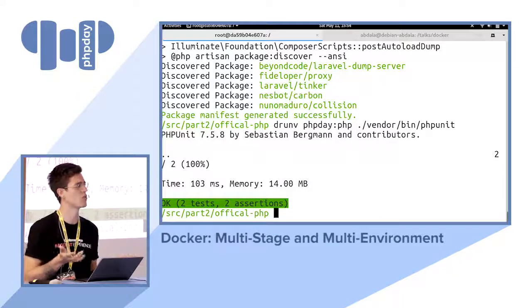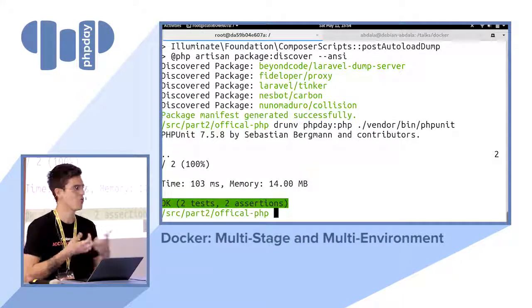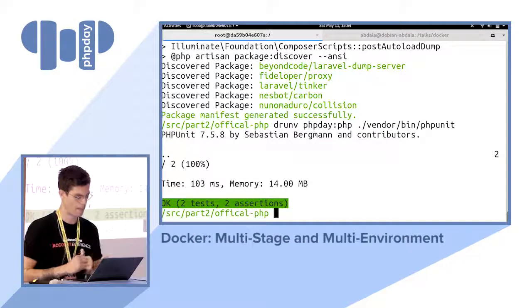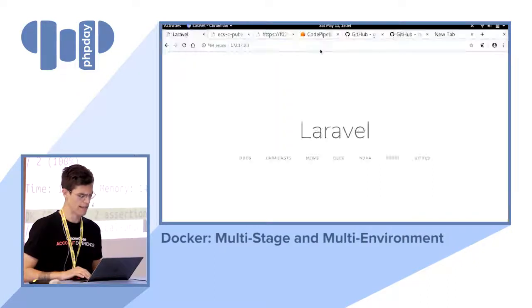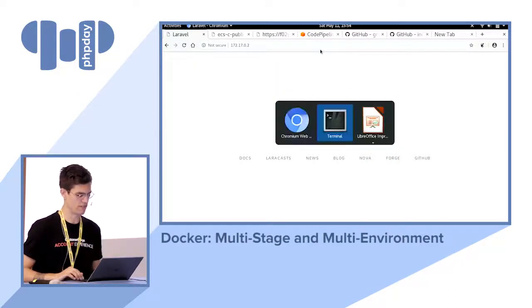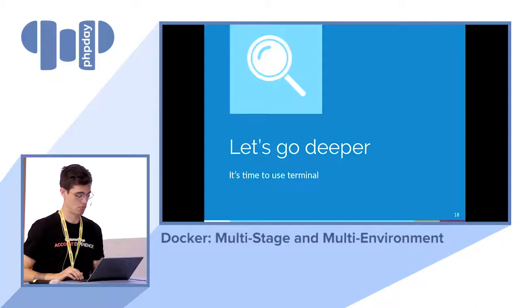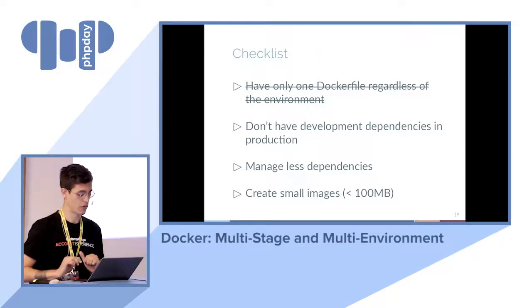Who uses Composer on production? I don't know anybody that uses Composer on production. There's no reason to run it. We only use Composer to download the libraries that we depend on, and that's it. So we can improve this, and I'll show you how.